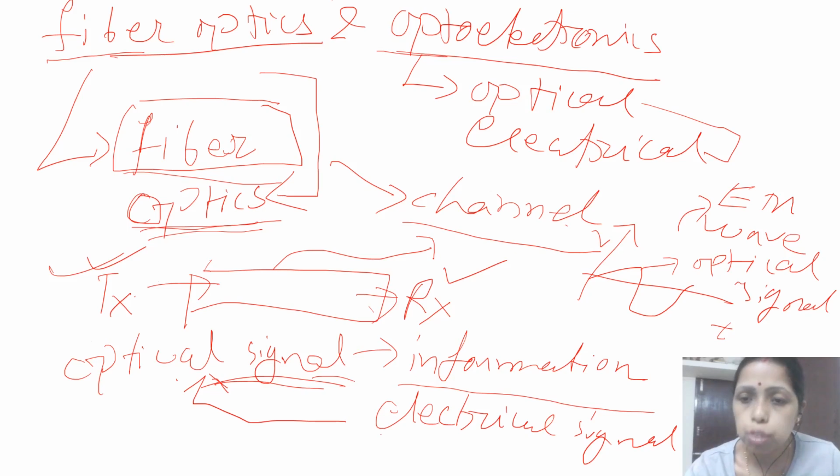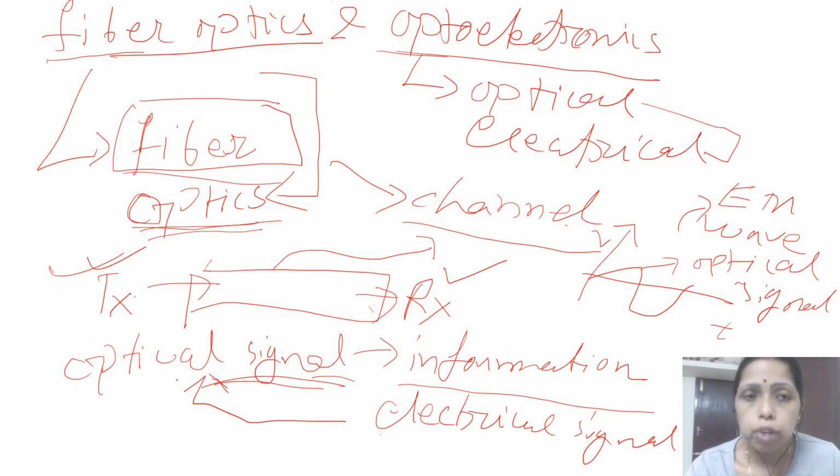The electrical information passing through some systems is converted into the electromagnetic wave, which is used to carry information in our daily life.